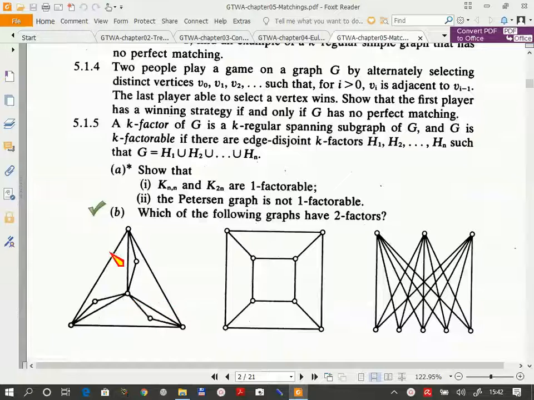So, necessarily, you must have this edge, this edge, and this edge, and so your subgraph has a vertex with degree 3. So it's not possible to have a two-factor inside this. For this one, it's a bit more tricky.